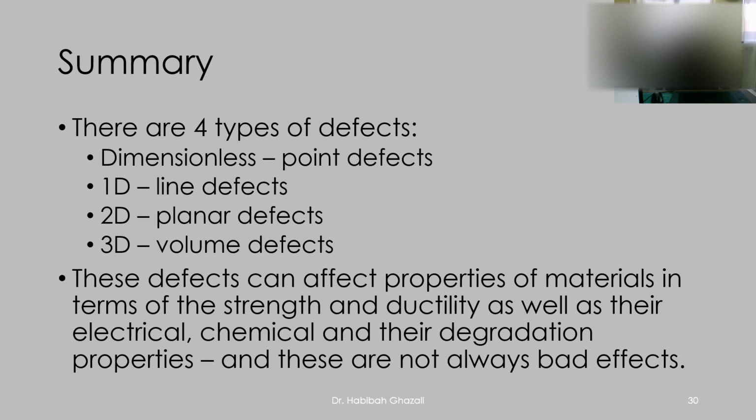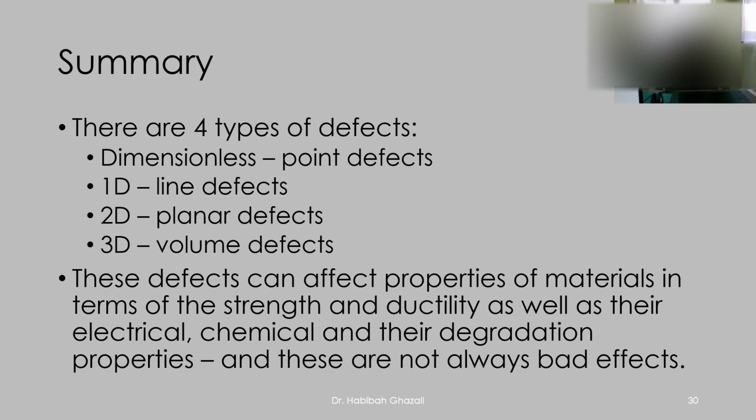So that's basically it for the different types of crystal defects. In summary, we have learned there are 4 types of defects. The first is point defects. This is a dimensionless defect in which we have a missing point in our lattice structure, or a lattice point that has been replaced by an impurity.